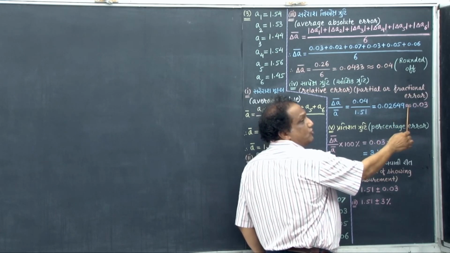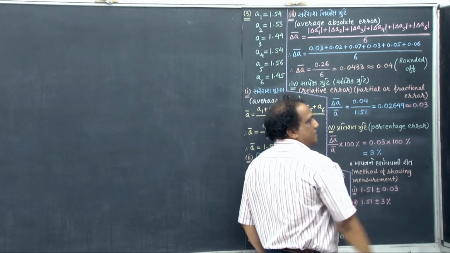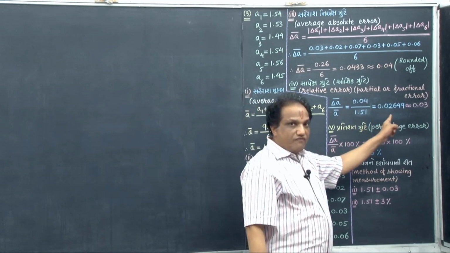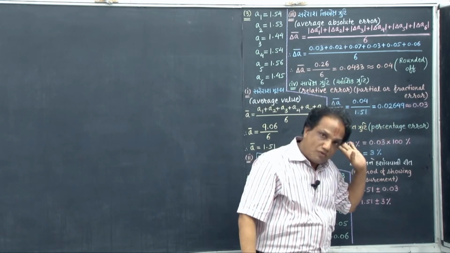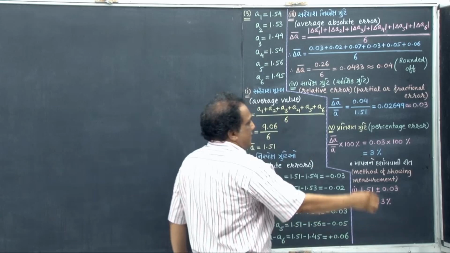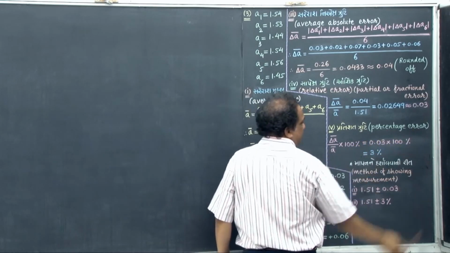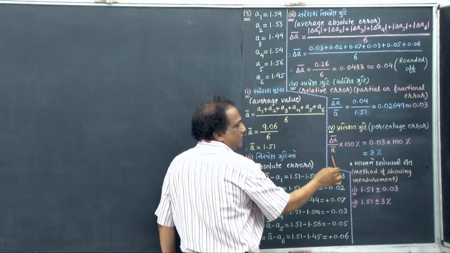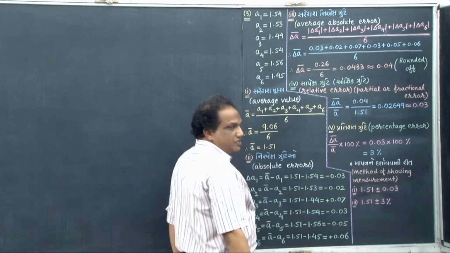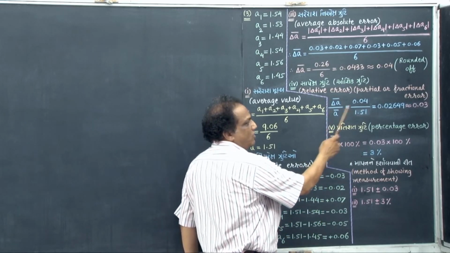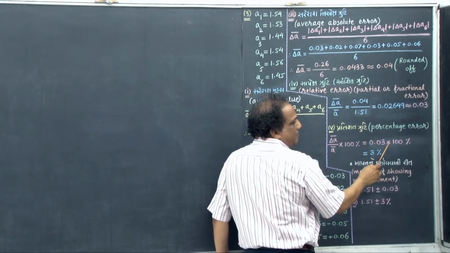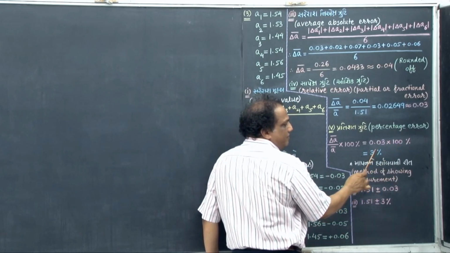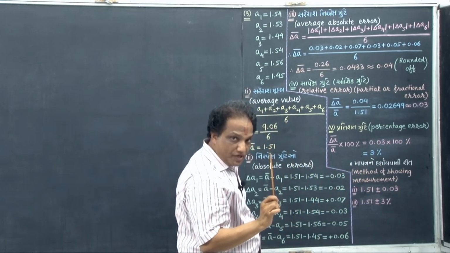That's why this is approximately equal to 0.03, correct? So you are just making it rounded off up to second decimal place, okay? Fine. Now let us find out percentage error. Percentage error is nothing but relative error multiplied by 100%. Relative error we have found out, it is 0.03 multiplied by 100%, it will be 3%, okay?